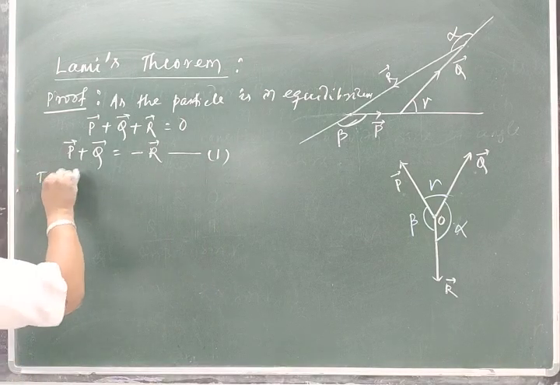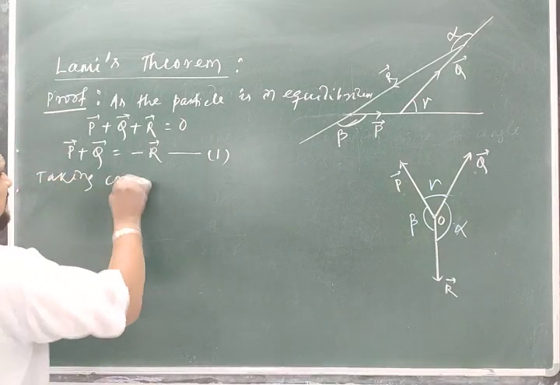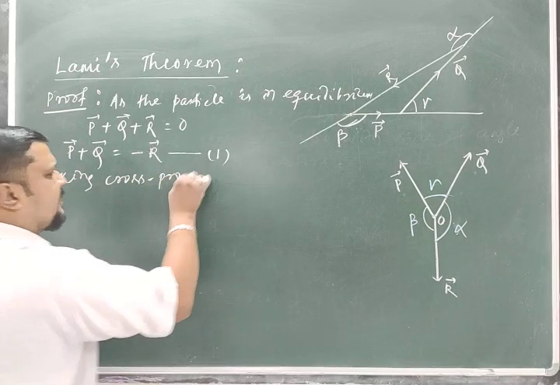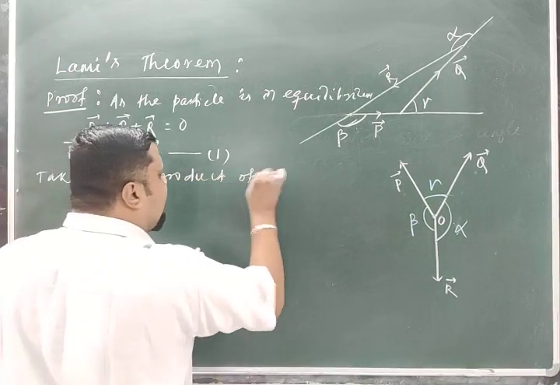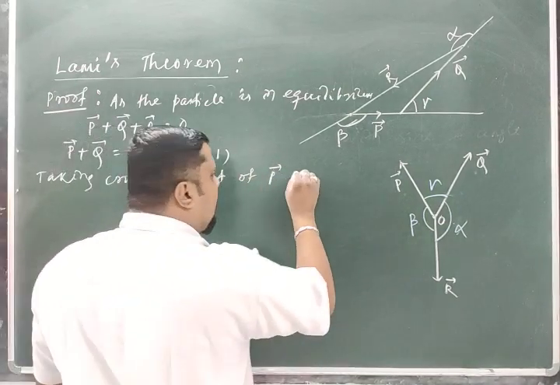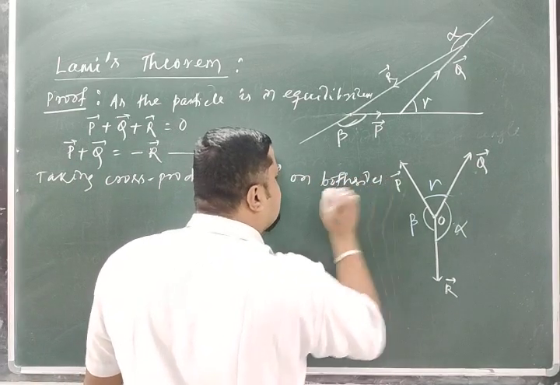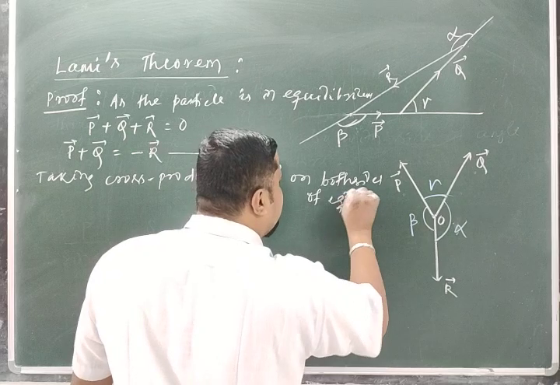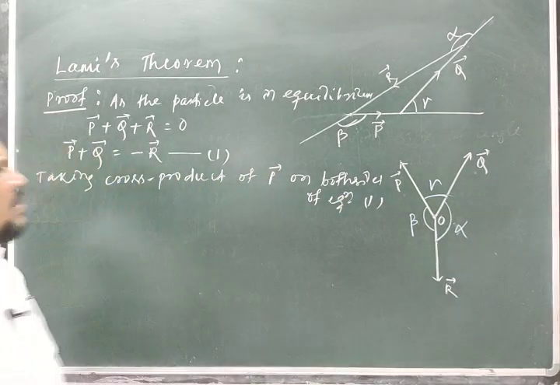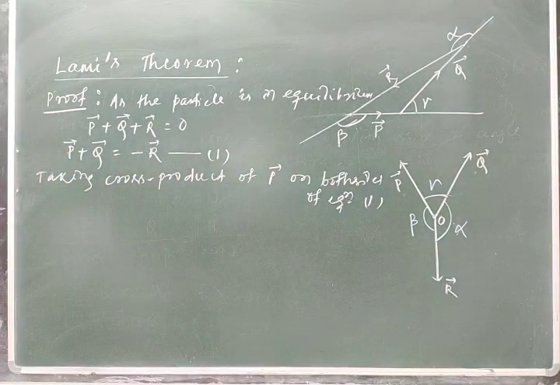Taking the cross product, because we are using the cross product here, taking the cross product of P on both sides of equation 1.